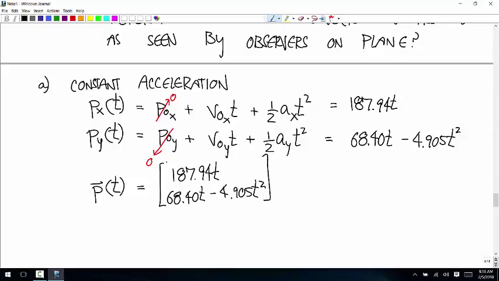Okay, so if you knew that your plane at time equals 0 had that velocity vector, this is the path that the pilot of the plane has to take.